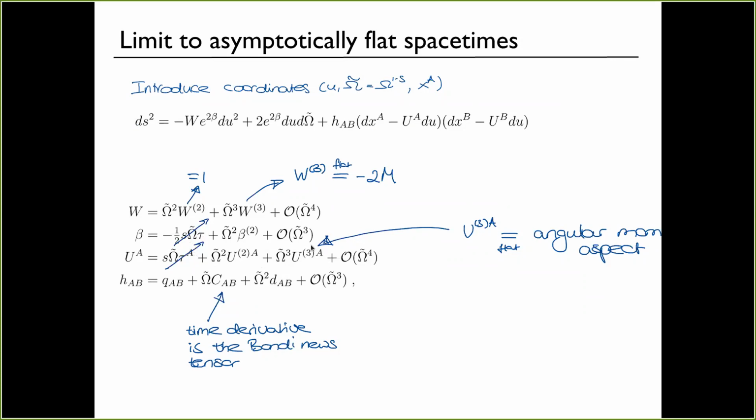Here is what, in the asymptotically flat context, we would call the angular momentum aspect. And this C in the flat context, again, is what encodes your radiative information. Now, of course, that intuition from the flat context, you should be very careful carrying that over to this setting, right?